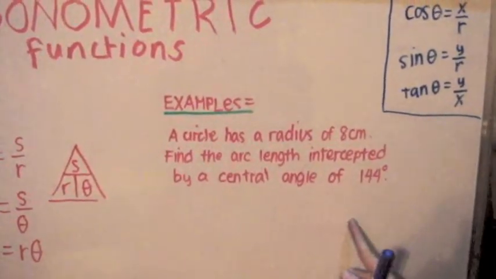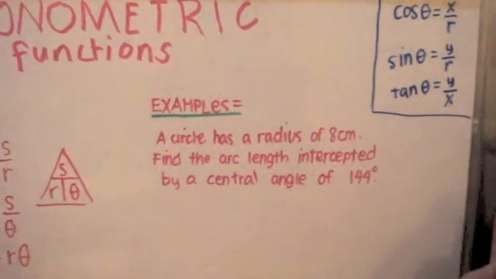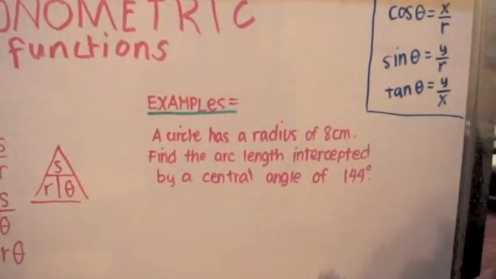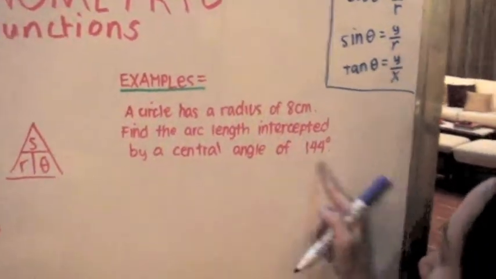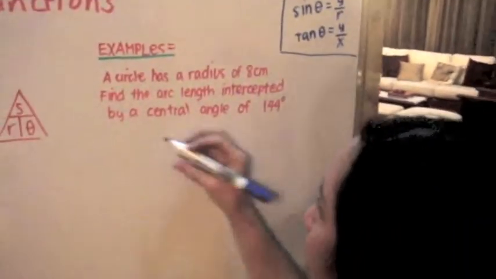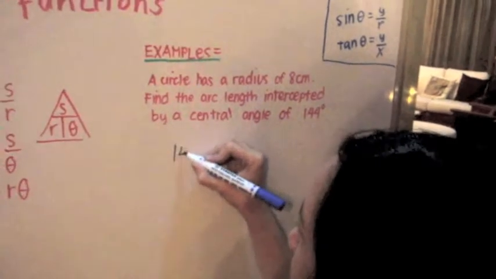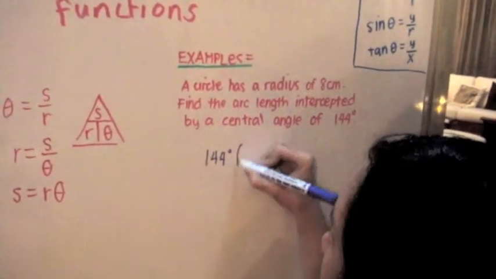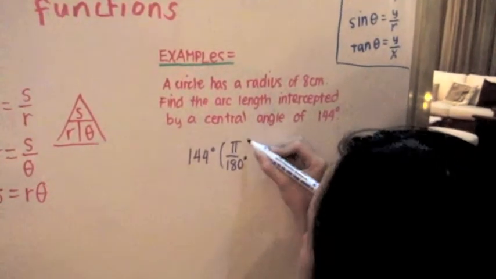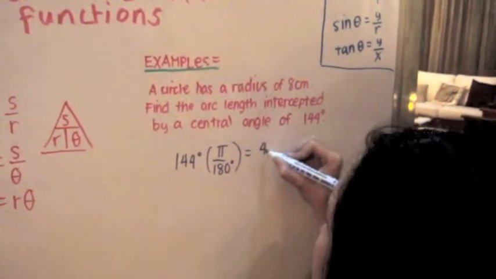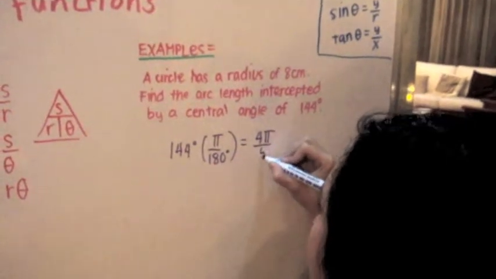Example number 1. A circle has a radius of 8 cm. Find the arc length intersected by a central angle of 144 degrees. So first you convert 144 degrees into radians. So 144 degrees times pi over 180 is equal to 4 pi over 5.